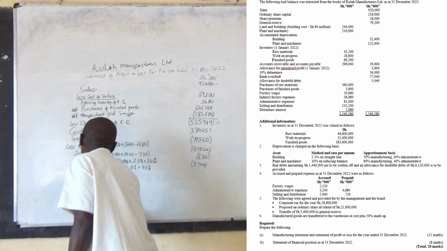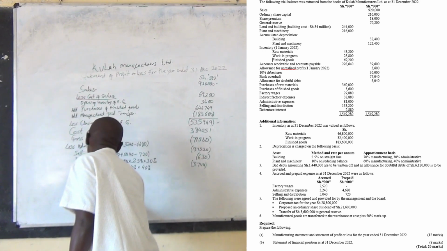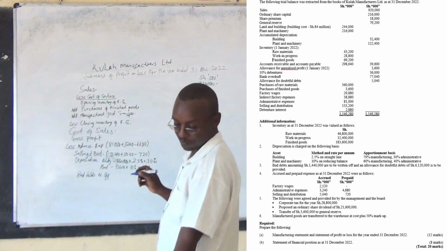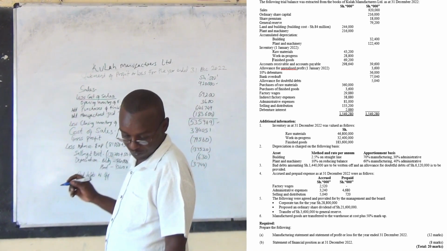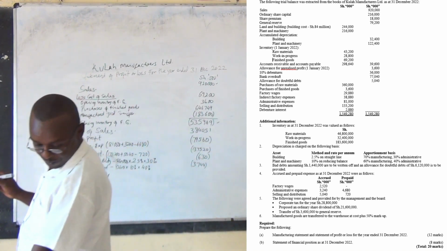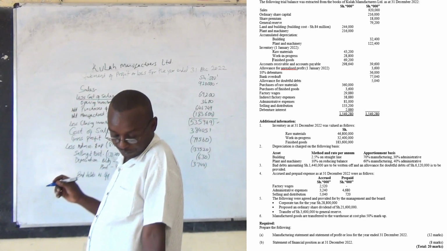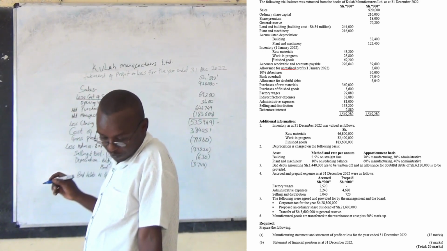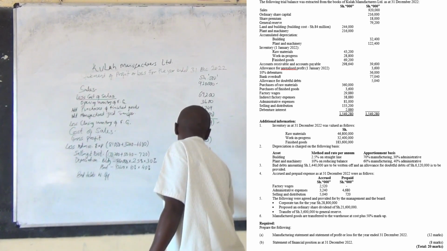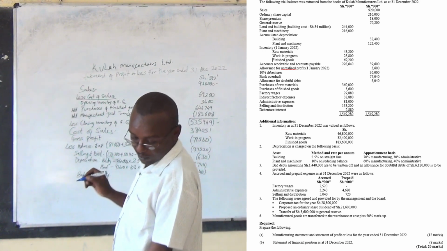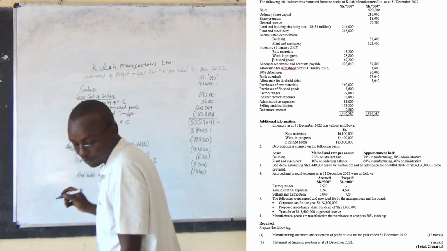How much? 1,440. Then we also have increase in provision for doubtful debts.